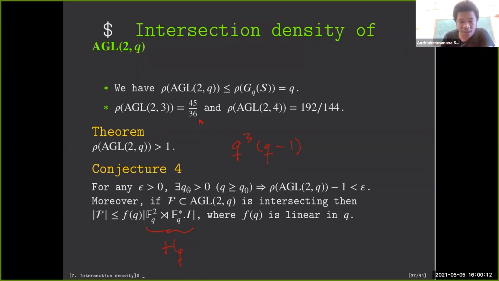So what I conjecture is that if F is an intersecting family of AGL(2,q), then the size of F is the order of the point stabilizer multiplied by some function f(q), which is linear in q.